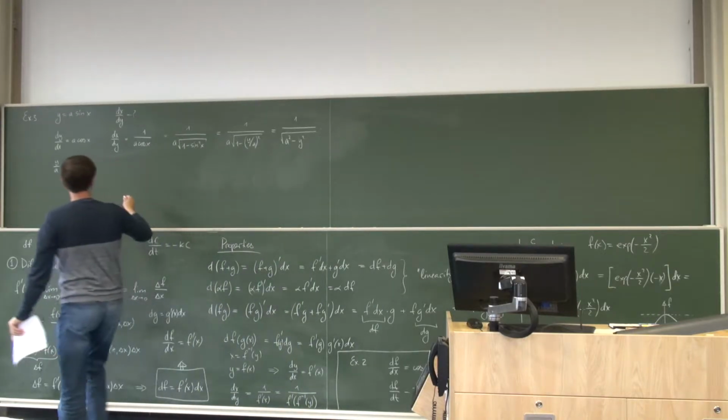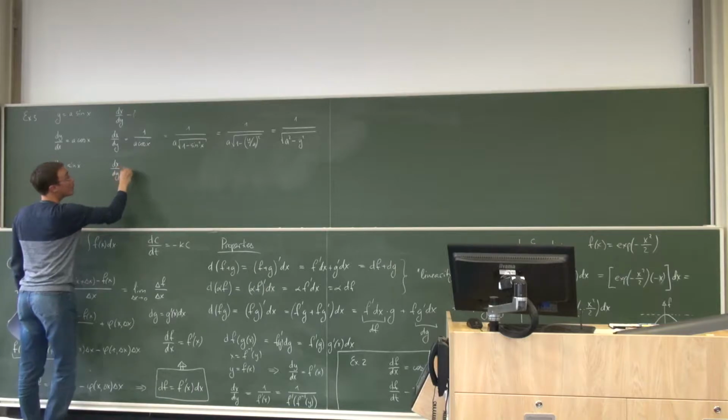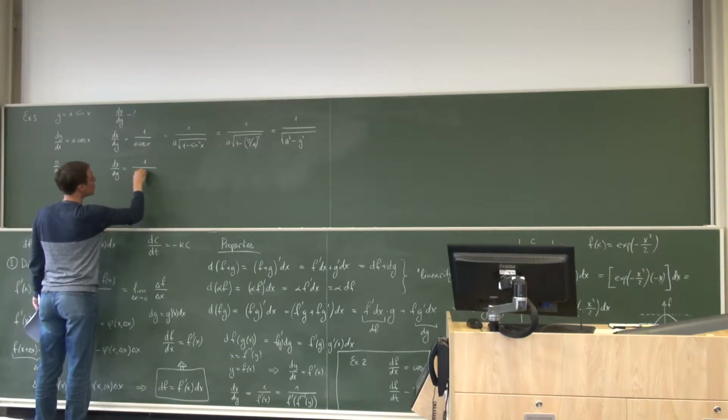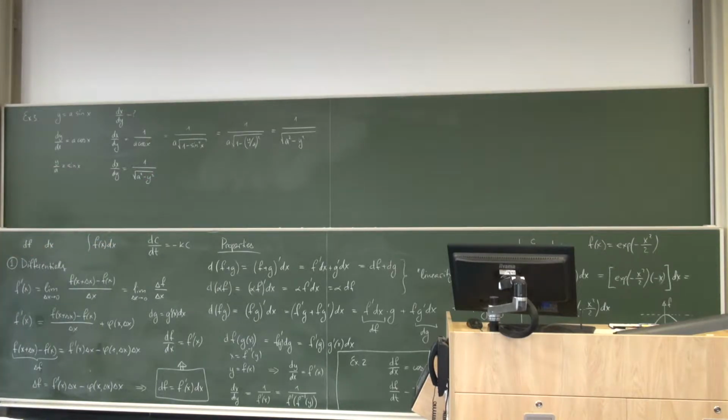So dx by dy is 1 over root a squared minus y squared, where you will now recognize, perhaps from encountering that in the textbook somewhere, the actual derivative of an arc sine. But we don't need to remember it because we know how to differentiate the inverse functions.